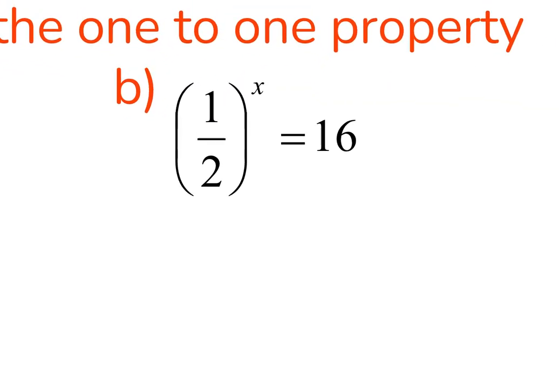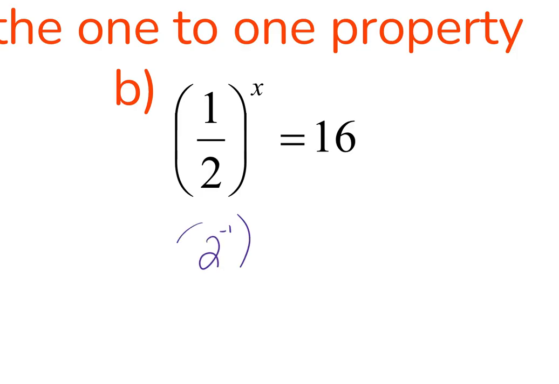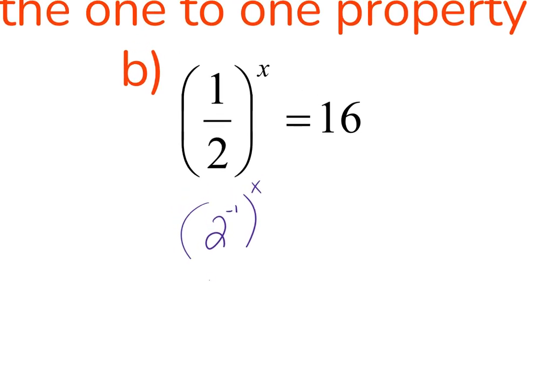Now go to B. Are the bases the same? No. So one's a fraction and one is not. There's a couple different ways to do this. One is, if you don't like the fraction, change the fraction. So if I wanted to move the 2 from the bottom to the top, how do I do that? A negative exponent. So 1/2 is the same thing as 2 to the negative 1. That's still raised to the x power. So on the left-hand side, this would be 2 to the negative x.